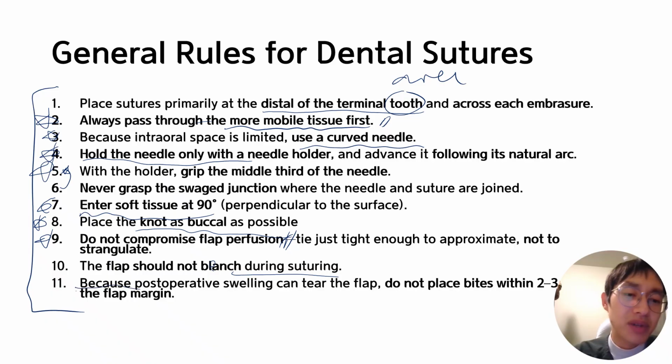Because post-operative swelling can tear the flap, and also for better manipulation and to prevent tearing the flap during suturing, give enough thickness, 2 to 3 millimeters away from the flap margin, or the incision line.